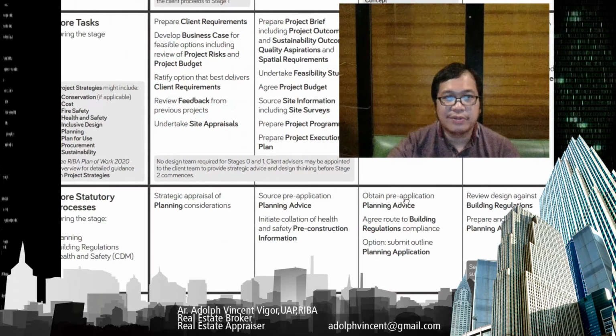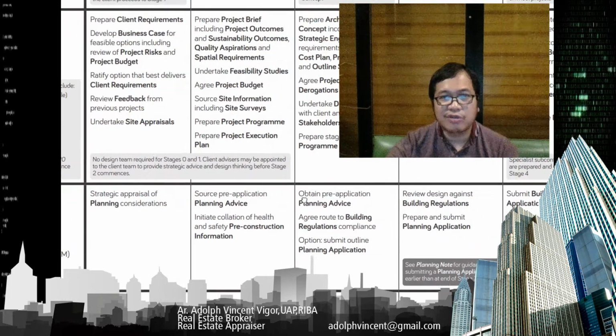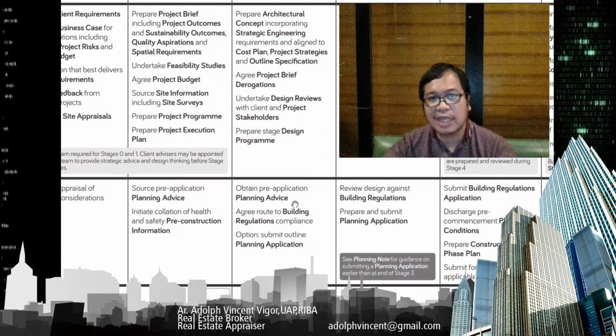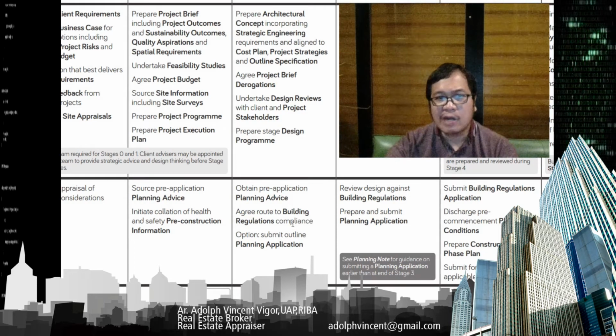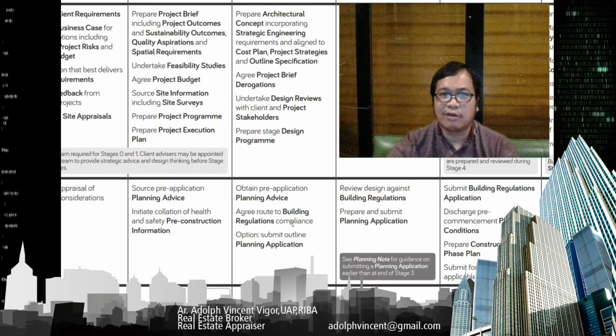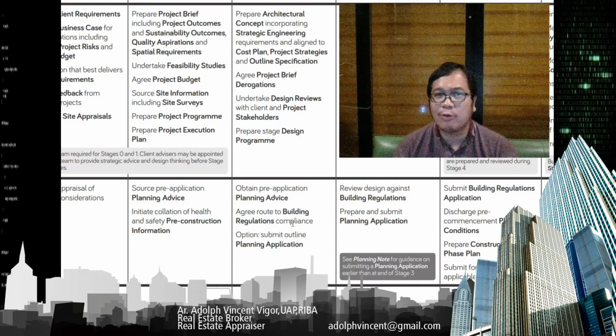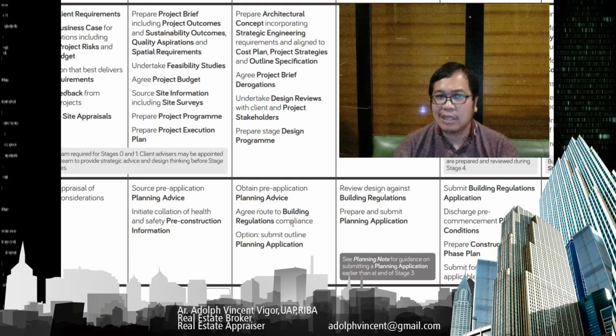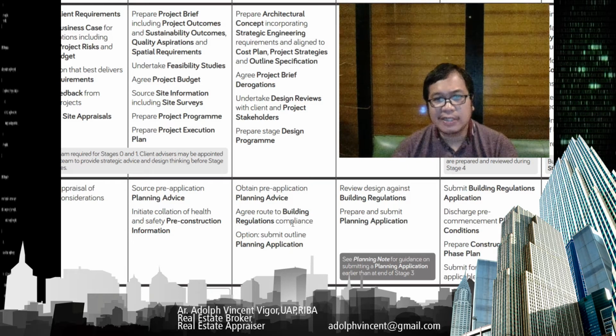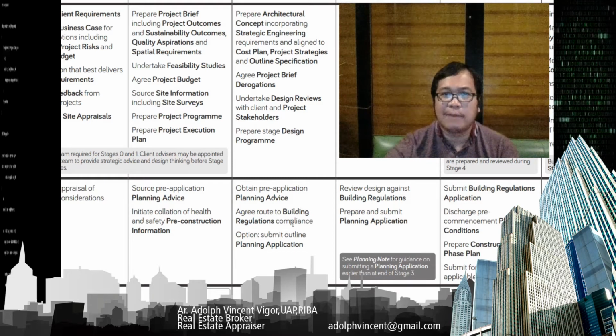The core statutory process is that you obtain pre-application planning advice and agree the route to building regulations compliance. You must agree how you're going to comply with the different building regulations at this stage. An option is to submit an outline of the planning application.